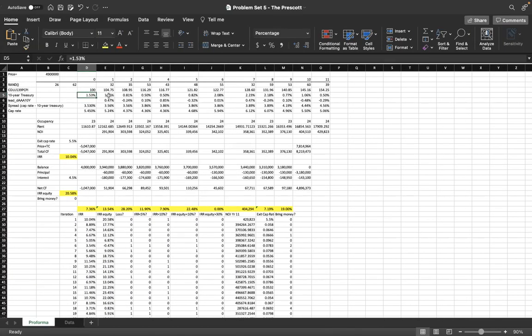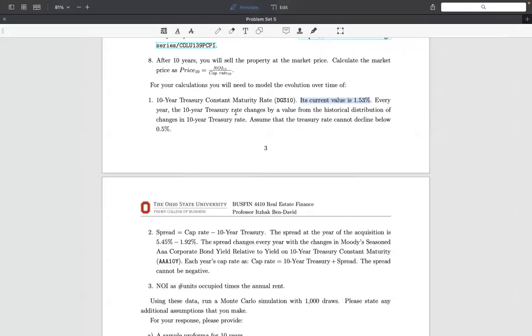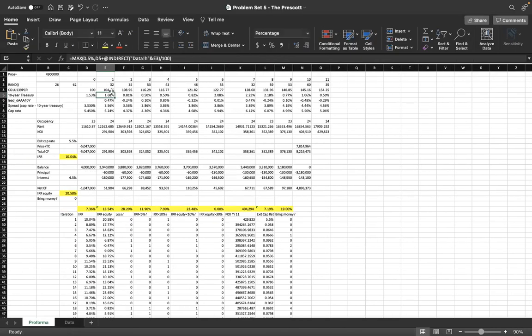And I also model the change. This is because it's bounded by 0.5% as here. Assume the treasury rate cannot decline below that. So because it's bounded, there is a maximum between 0.5% and this whole thing.